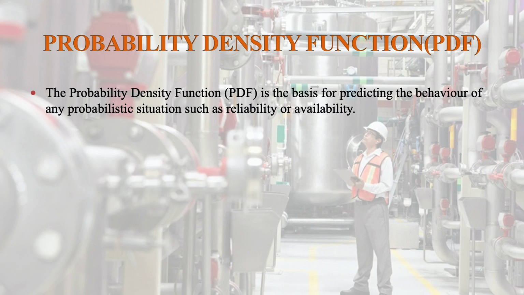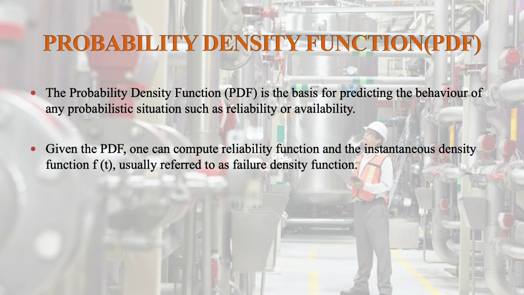Probability density function. The probability density function is the basis for predicting the behavior of any probabilistic situation such as reliability or availability. Given the PDF, one can compute the reliability function and the instantaneous density function f(t), usually referred to as the failure density function. Cumulative distribution function.